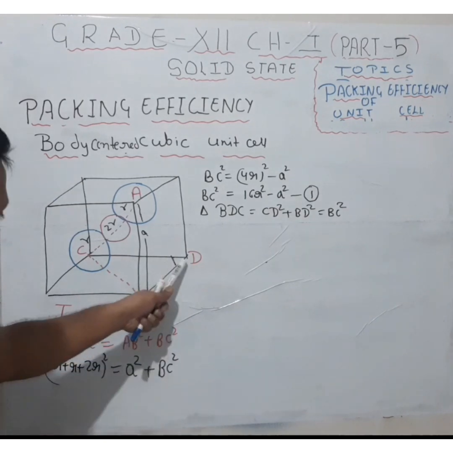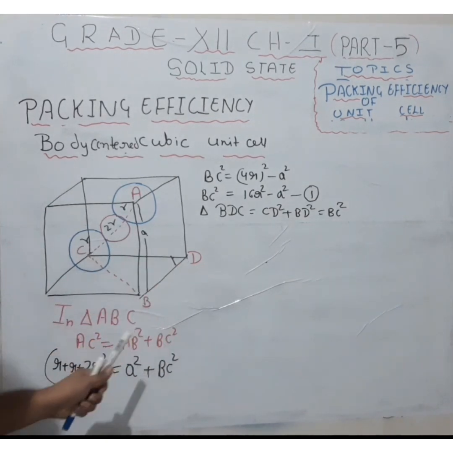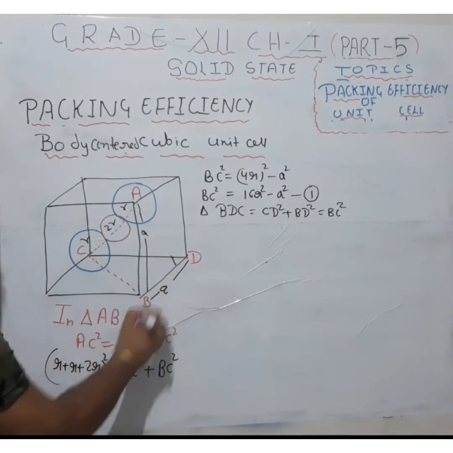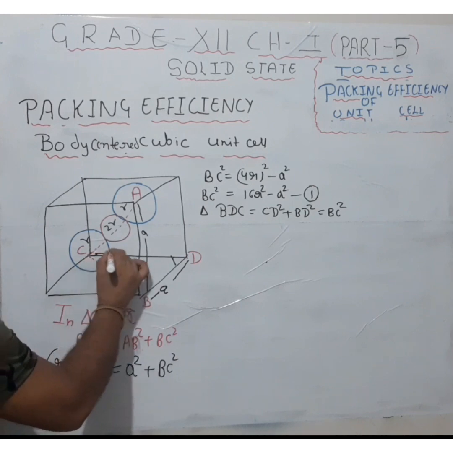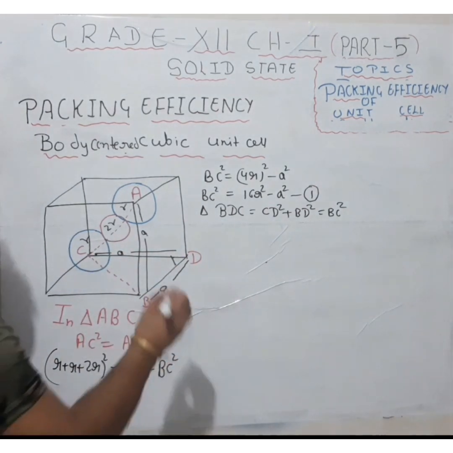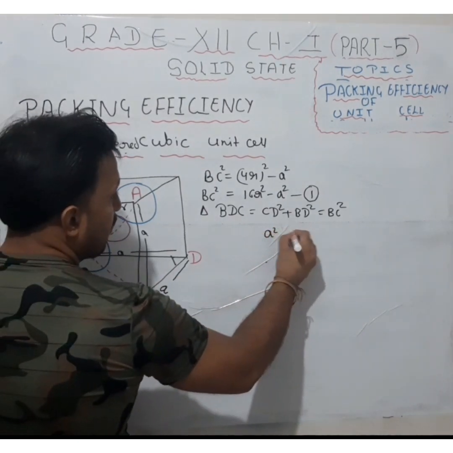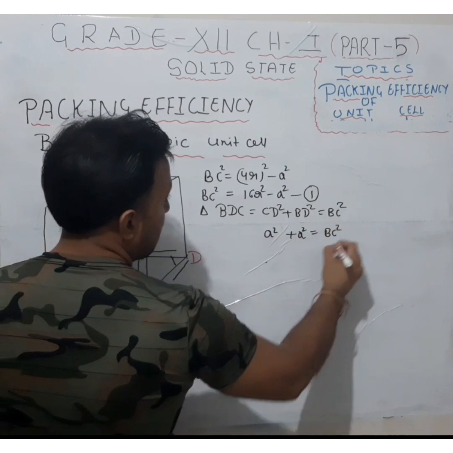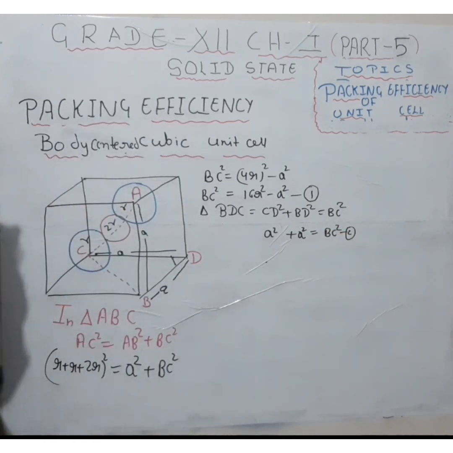Now if you see, BD is again the edge of the unit cell. CD is also the edge of the unit cell. Okay, so we will be considering its value as A square plus A square equivalent to BC square. Suppose this is your equation number 2.